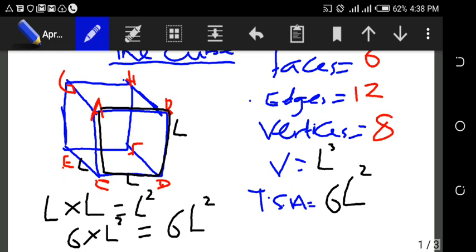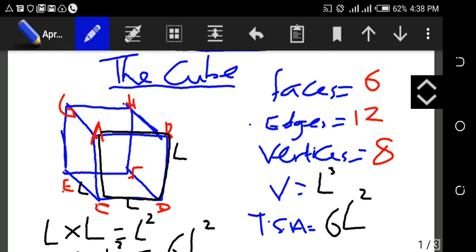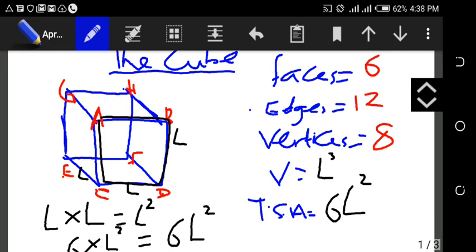And of course the unit has to be in square units, as in cm squared, meter squared, as the case may be. Alright, so that is that about the cube. Eventually we'll get to solve some problems on all these shapes, but for now we're studying them and the formulas that are necessary in our mensuration of solid shapes.